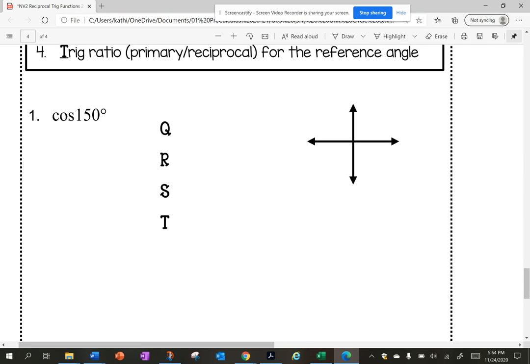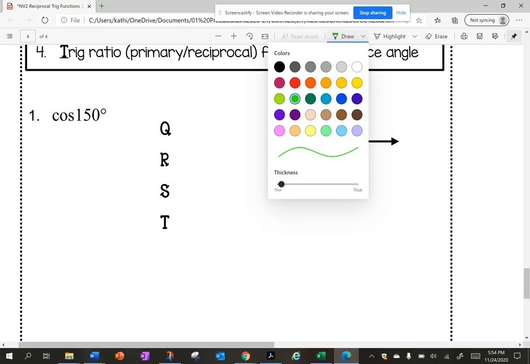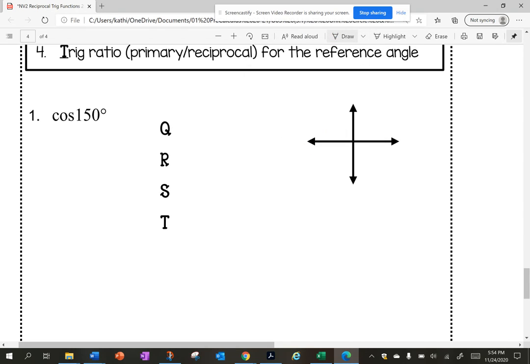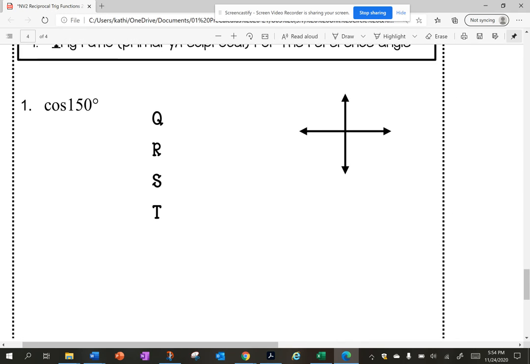I'm just sketching out real quick my angle here. My angle, 150 degrees, puts me about here. So here's 150 degrees. I'm going in the positive rotation here.